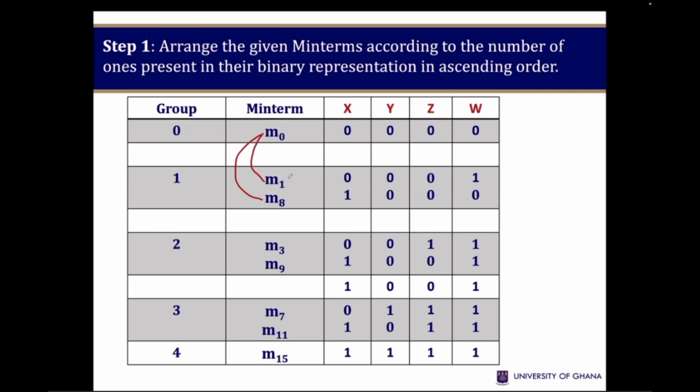So for each of them, we check if you compare M0 and M1, is there a match between them? There is a match only if they differ in only 1 bit position. So let's compare M0 and M1.